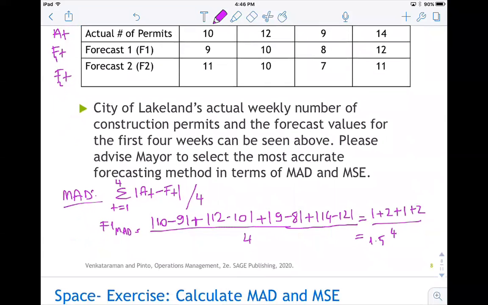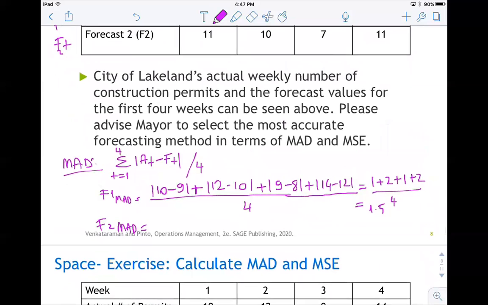And the MAD for the second one can be very easily calculated, again, by doing the same thing. I do have more space here, but I would like to squeeze our entire operation here. All right, let's do it.